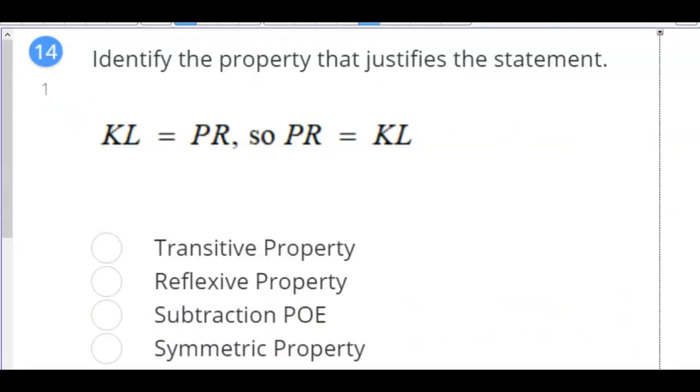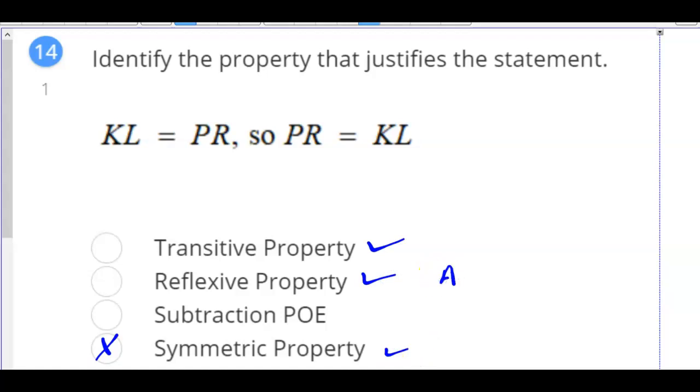Identify the property that justifies the statement. KL equals PR, so the distance is equal, so then I can switch them. I will tell you that is going to be symmetric. Hey, you're going to see a question on these three. Just have what they are right next to it in your notes.